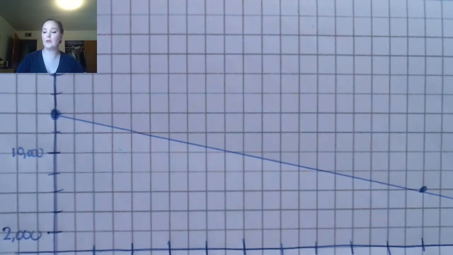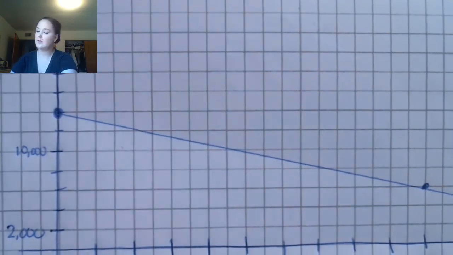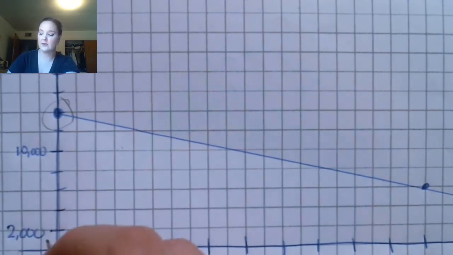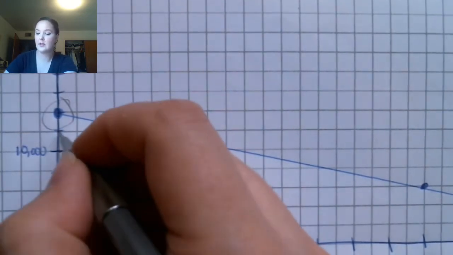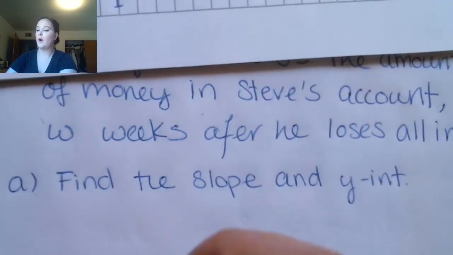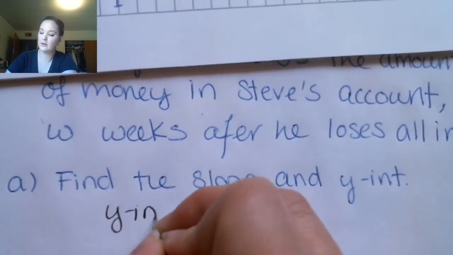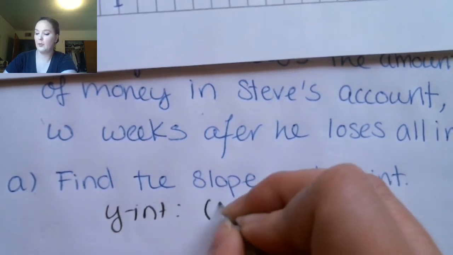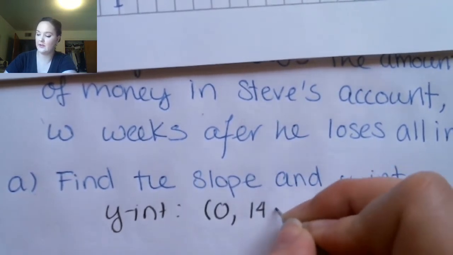It's the point on the graph that crosses the y-axis, so that's going to be right here. Because each of these lines is 2,000, we're going to have 10,000, 12,000, 14,000. So my y-intercept is going to be the point (0, 14,000).